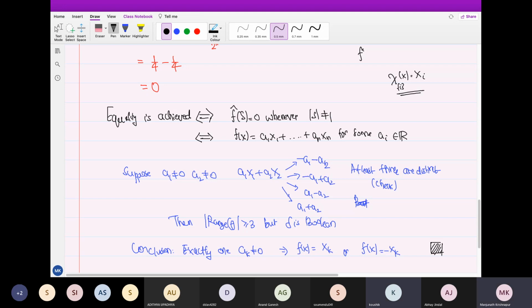So 1, x1, x2, ..., xn are linearly independent in this space. So if you can write them as a combination. But you have to show no Boolean function is there, right? In that span. That's what I mean. It is there, but only if you take one non-zero coefficient. Yeah. Okay, I don't quite see the argument.